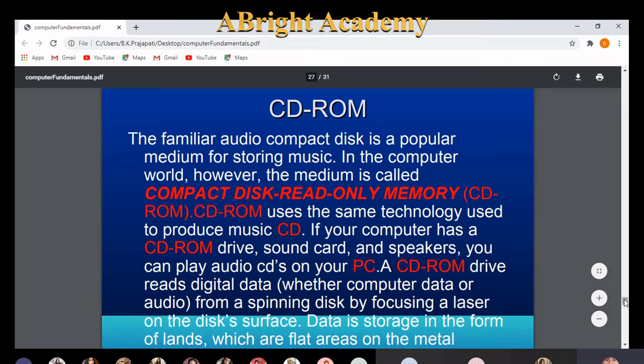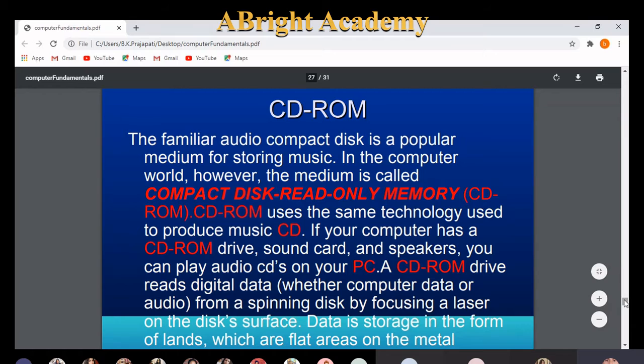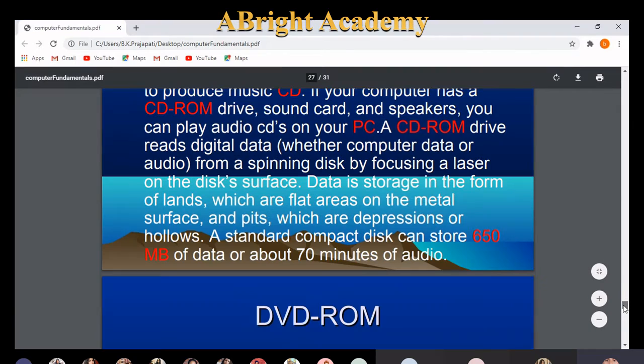CD-ROM uses the same technology used to produce music CDs. If your computer has a CD-ROM drive, sound card and speakers, you can play audio CDs on your PC. A CD-ROM drive reads digital data, whether computer data or audio, from a spinning disk by focusing a laser on the disk surface.